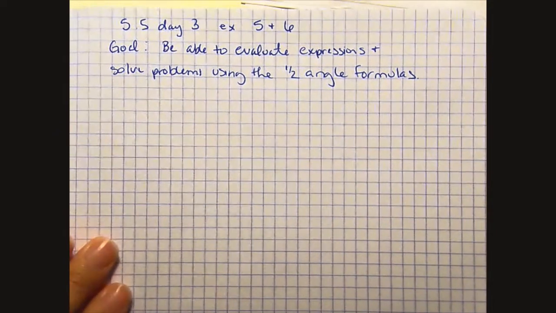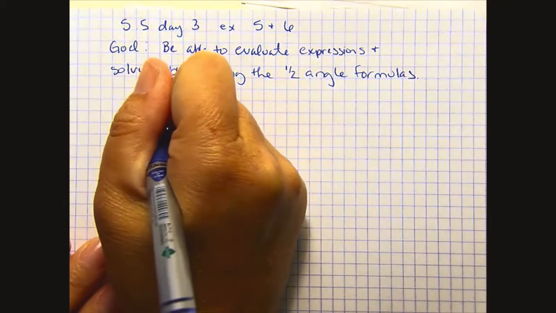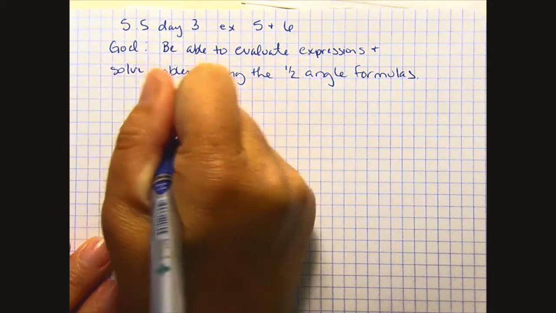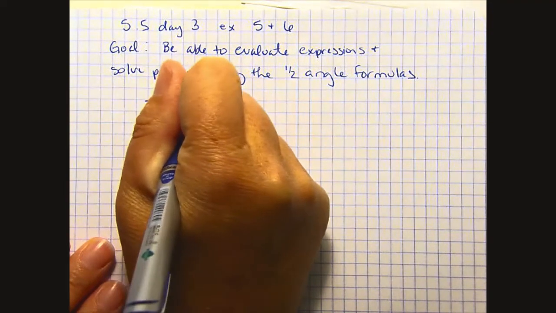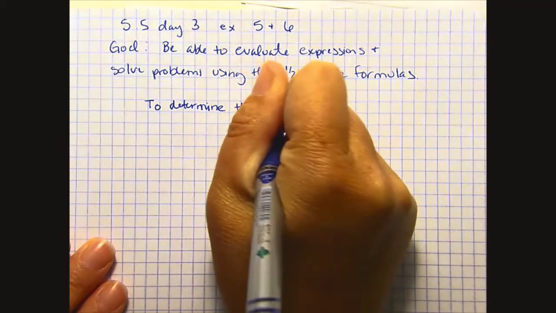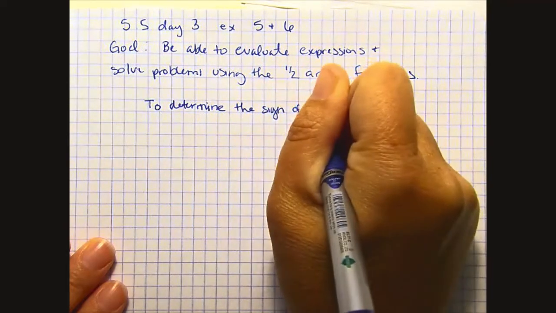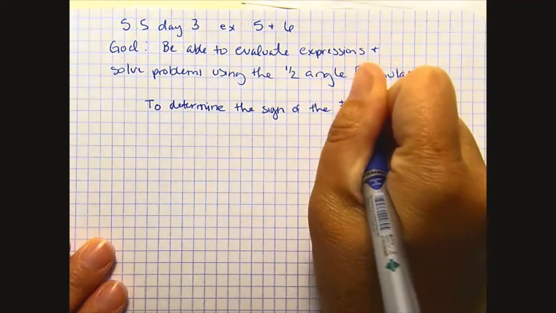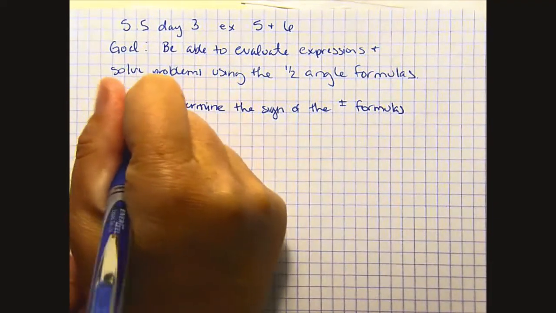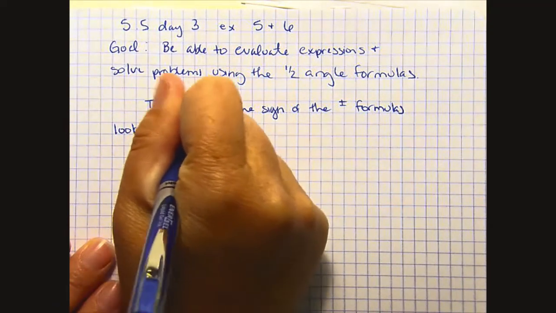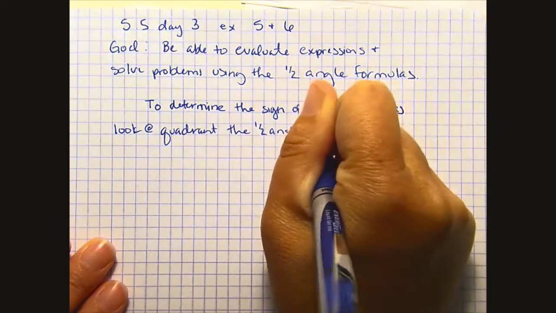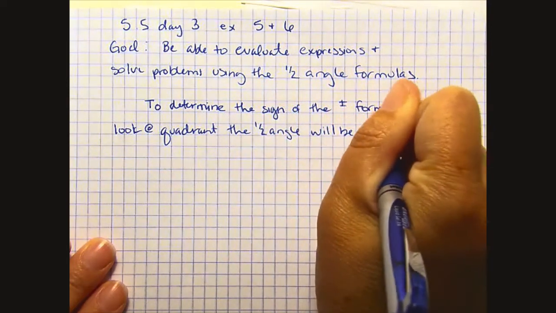So first we want to look at our formula sheet, but you might notice there's a lot of plus or minuses with all of them other than two of the tangent formulas, which we do like. To determine the sign of the plus or minus formulas, look at the quadrant the half angle will be in and pick.